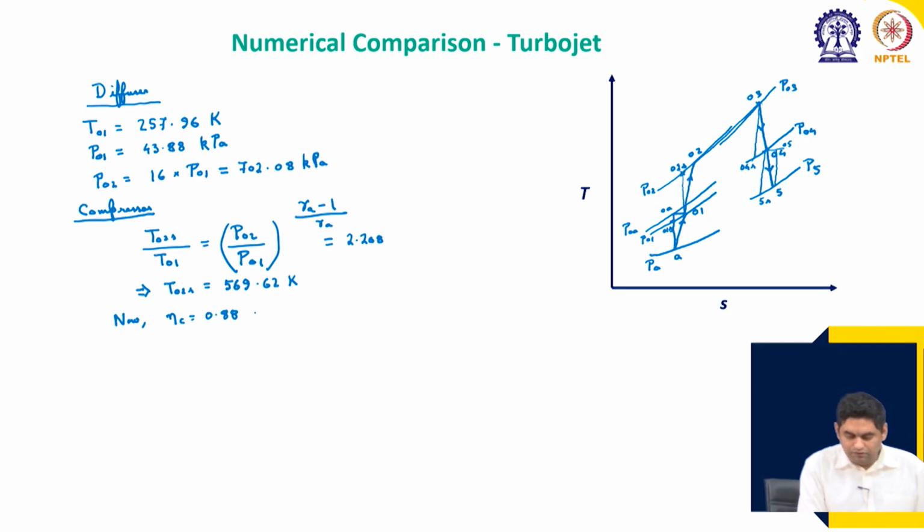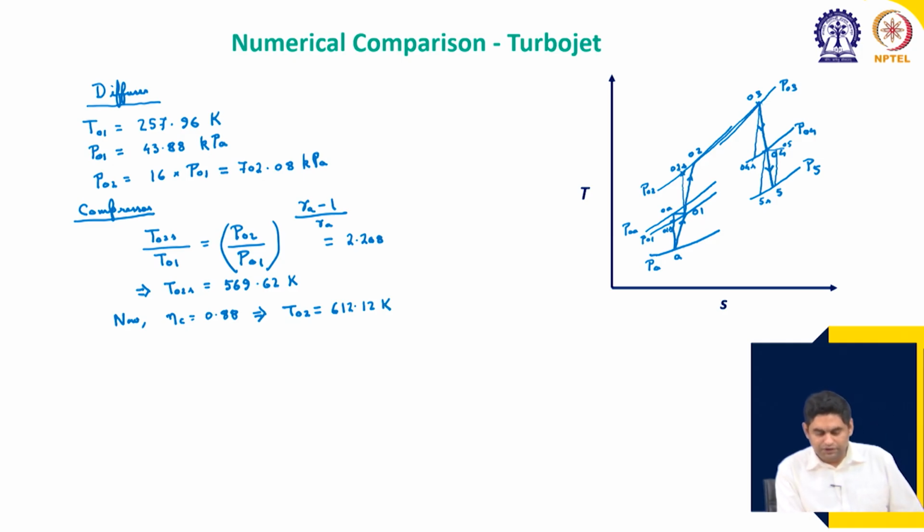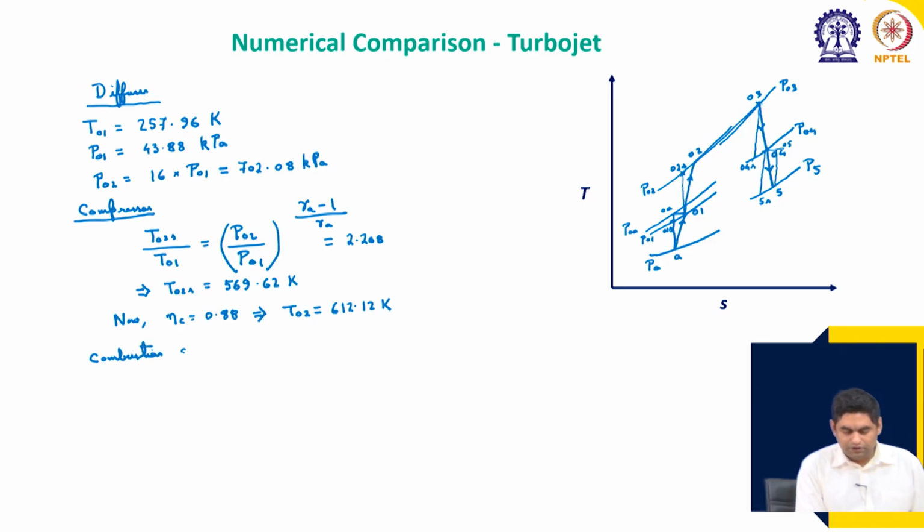So, from there you can find the value of T02 to be equal to 612.12 Kelvin. So, this completes the calculation for the compressor. You can of course compare the values with the previous problems to see what type of values you are getting here. Then from the compressor we go to the combustion chamber, combustor.